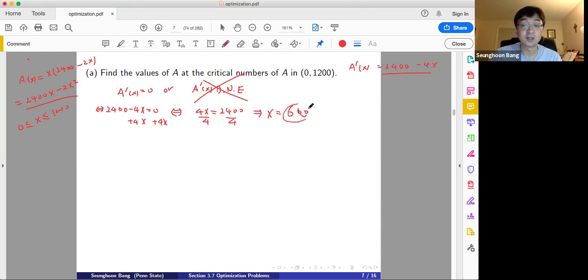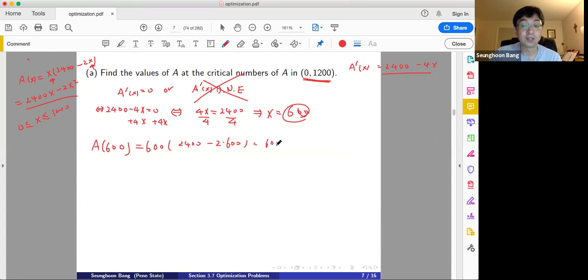600 is in the domain, so you can calculate A of 600. Plug 600 into this one: 600 times 2400 minus 2 times 600.